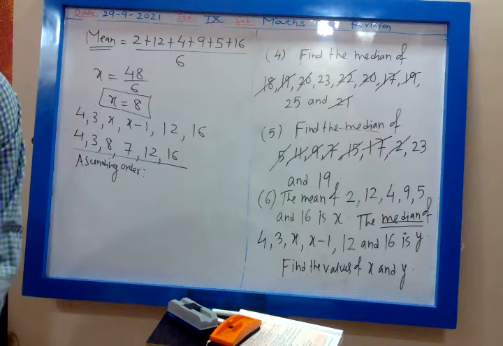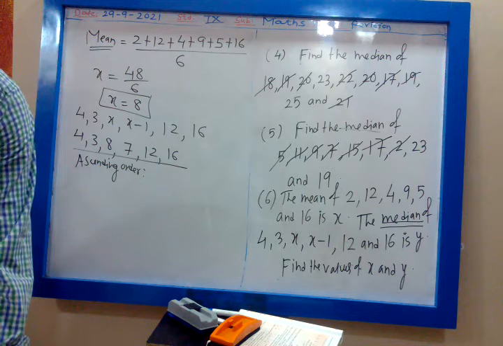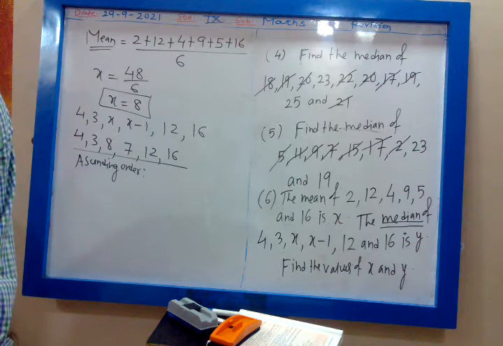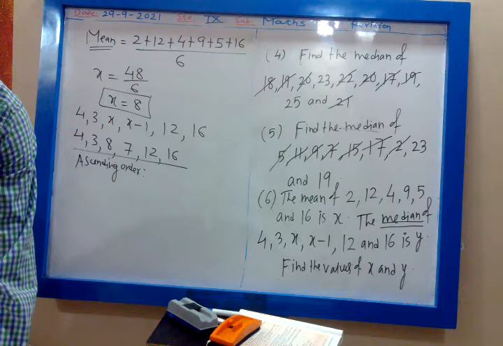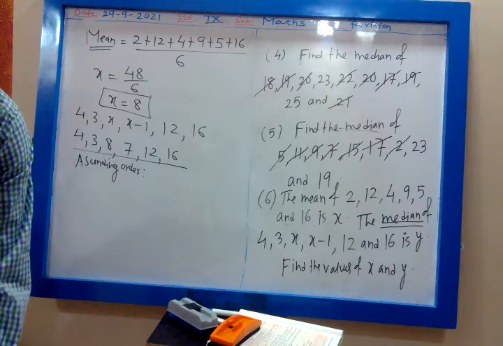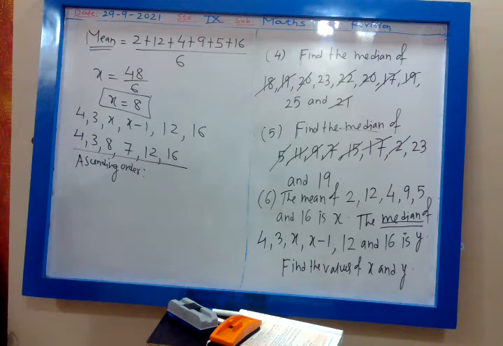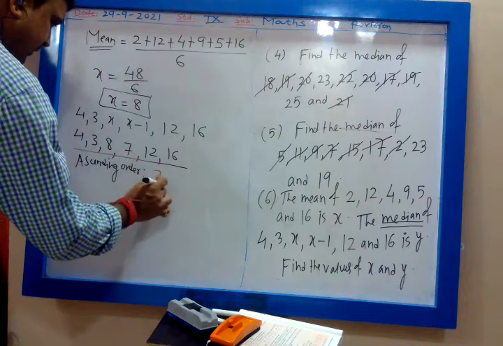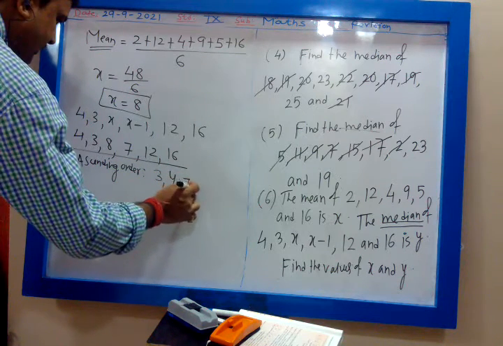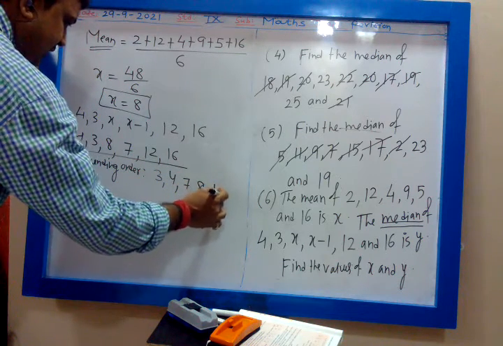Hmm? 7.5. What about others? 7.5. Okay, chalo. So this is 3, 4, 7, 8, 12, 16.